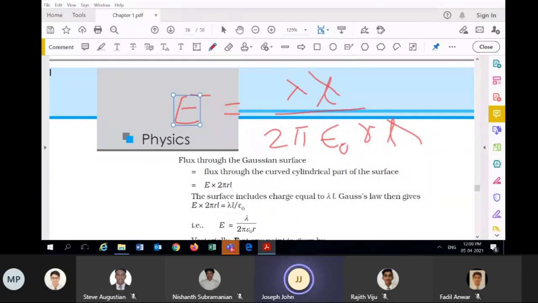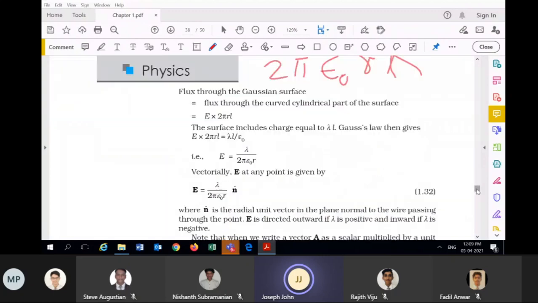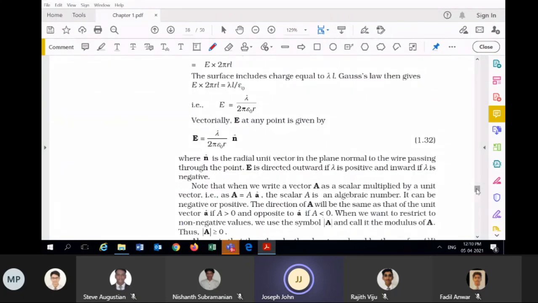Can you write the last formula? This is the last formula. E is equal to lambda by 2 pi epsilon 0 r. That's all. Easy derivation. 3 marks you will get it.